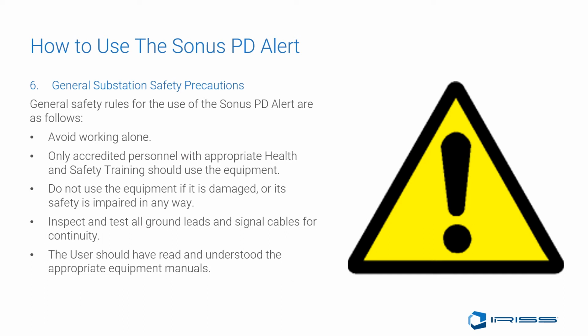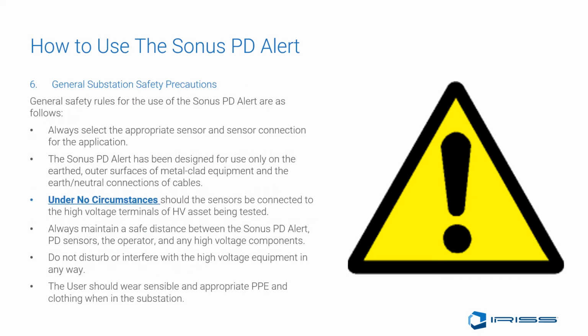Do not use the equipment if it is damaged or its safety is impaired in any way. Inspect and test all ground leads and signal cables for continuity. The user should have read and understood the appropriate equipment manuals. Always select the appropriate sensor and sensor connection for the application. The Sonos PD Alert has been designed for use on the earthed outer surface of metal cladding equipment and the earth neutral connection of cables.